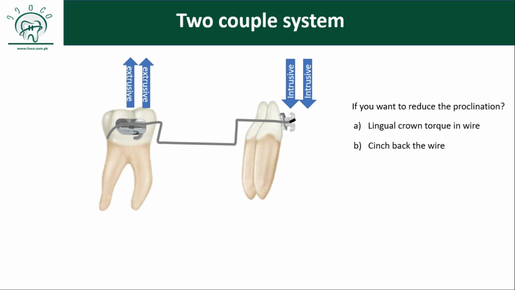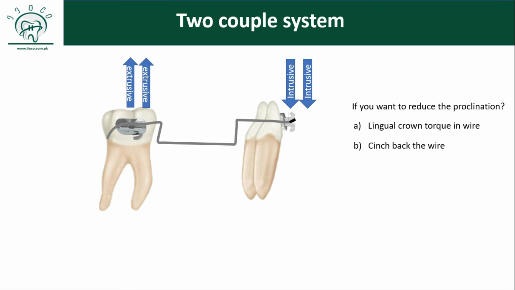But here you should remember one thing, that even after cinching back the wire and giving lingual torque in the arch wire, still there will be some proclination force component which is unavoidable. Since you have cinched the wire back, therefore the molar will be pulled forward along with the proclination of incisor. Of course, this moment will be very limited, but it can happen.